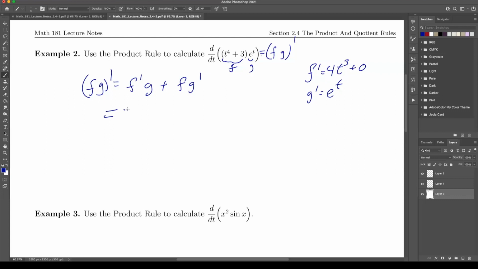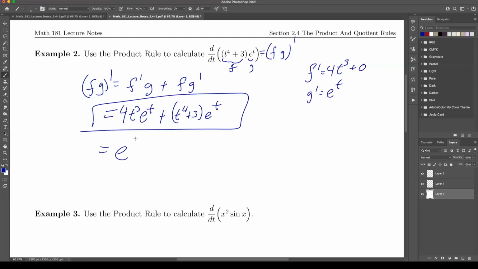So here I'm going to have 4t cubed e to the t plus (t to the fourth plus 3). Well, e to the t is still just e to the t. And so here's our solution.